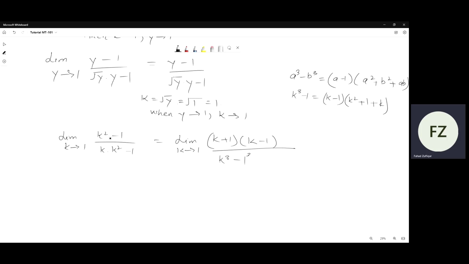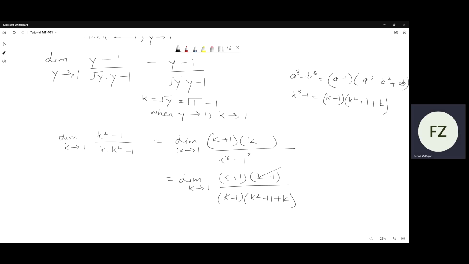So if we replace this over here, this becomes limit k approaches to 1, k plus 1 into k minus 1 whole divided by k minus 1 into k square plus 1 plus k.